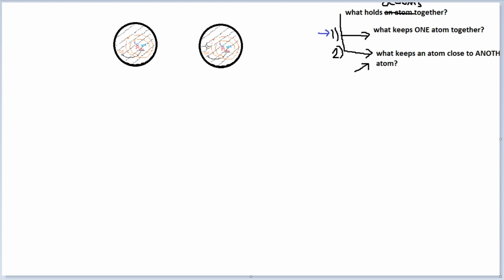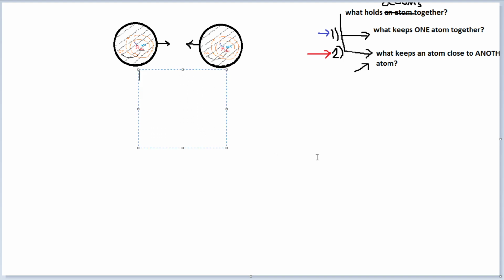Okay, so here now we're dealing with two atoms. You should understand there are three ways that these two atoms can be held together. So now we are answering question number 2. What keeps an atom close to another atom? There are 3 ways that they can be kept together. This atom can be attracted to this atom in 3 different ways.